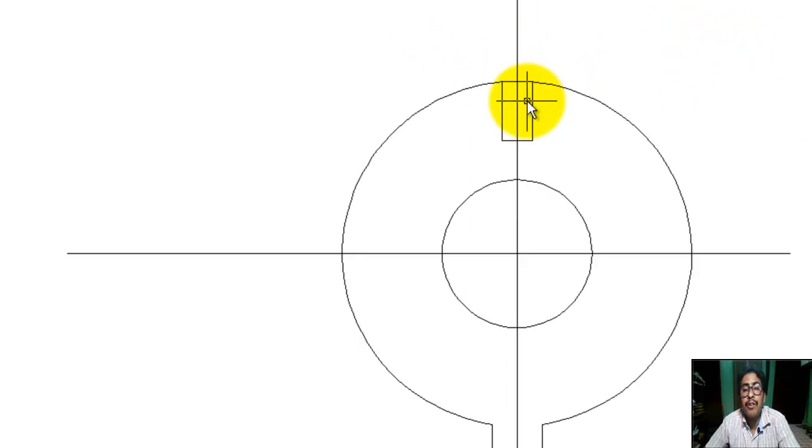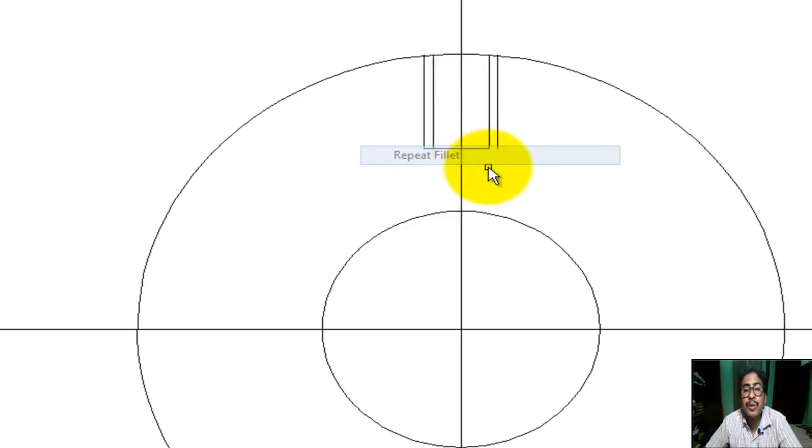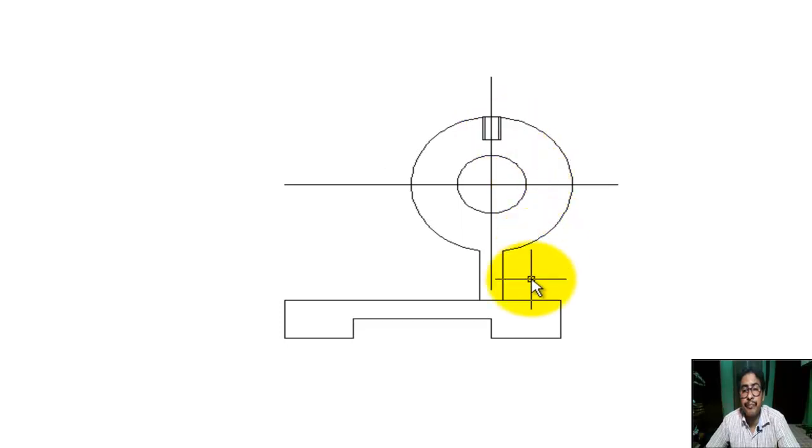erase this line. Now for thread we draw 1 millimeter offset, 1 millimeter offset in this side and in this side. Now join this and join this by fillet command.